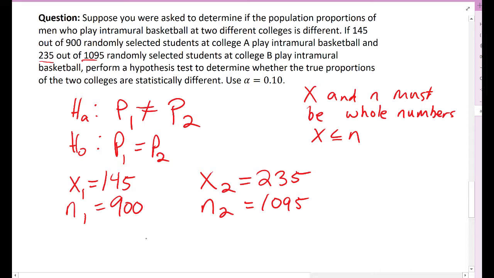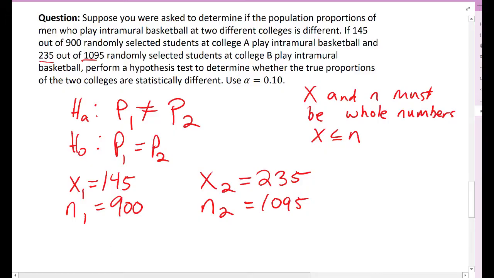But if you put your x1 as 900 and your n1 as 145, you're saying out of 145 people, 900 of them play basketball. That's impossible. So be careful with your x and n designations. All right, it's a two-tailed test. So we're going to put all this information into the calculator.